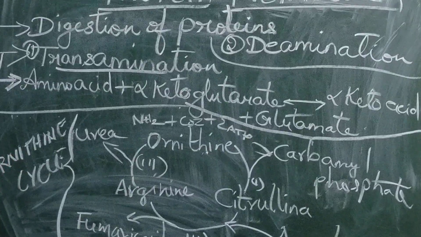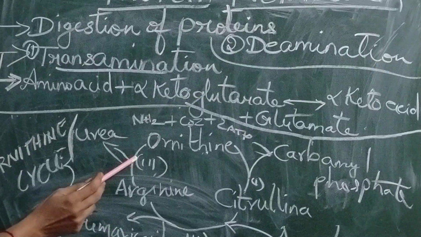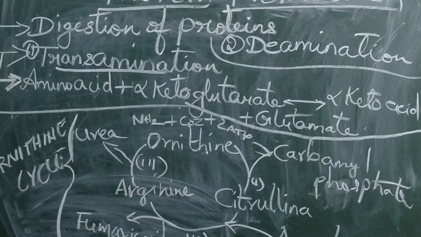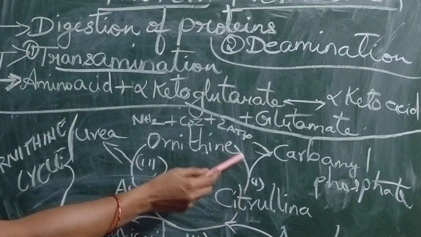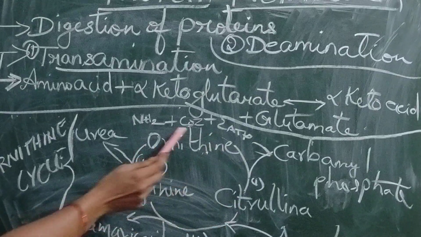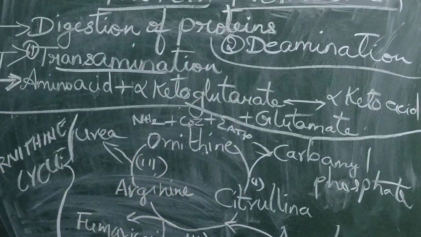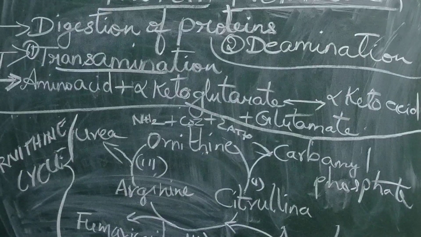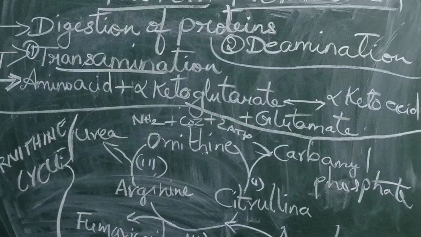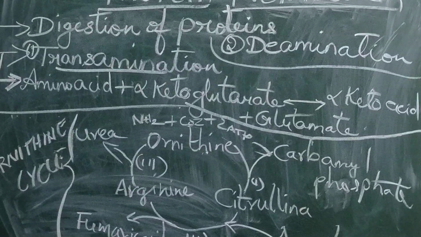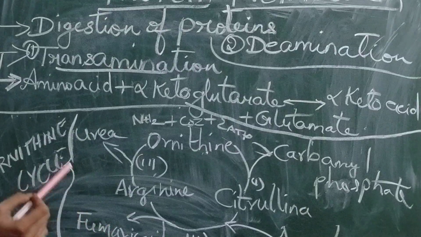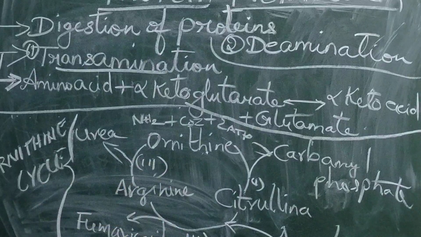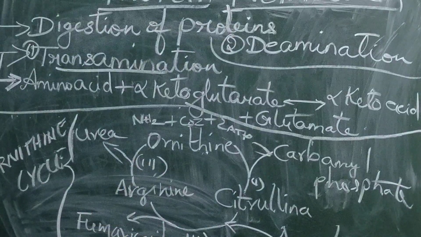It is a cyclic enzymatic process consisting of consequent transformations of the amino acid ornithine, leading to the synthesis of urea.